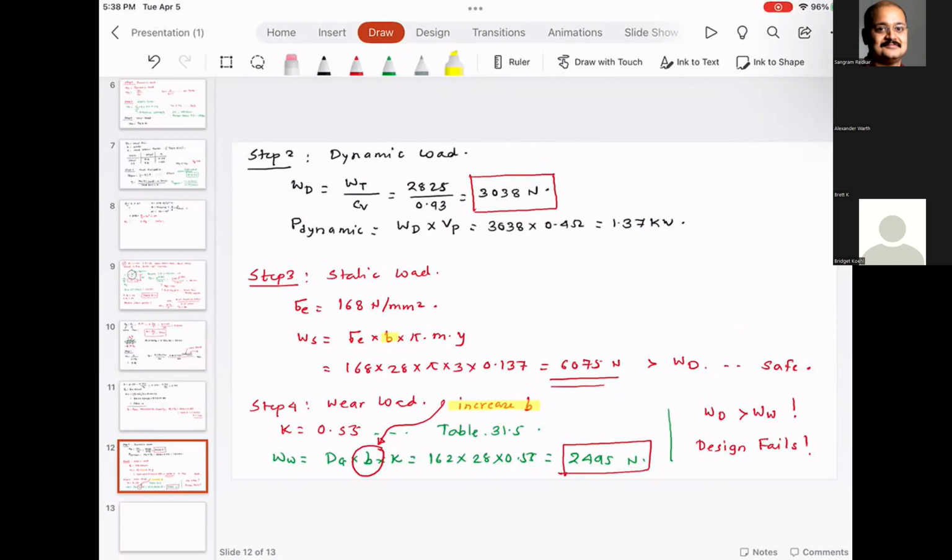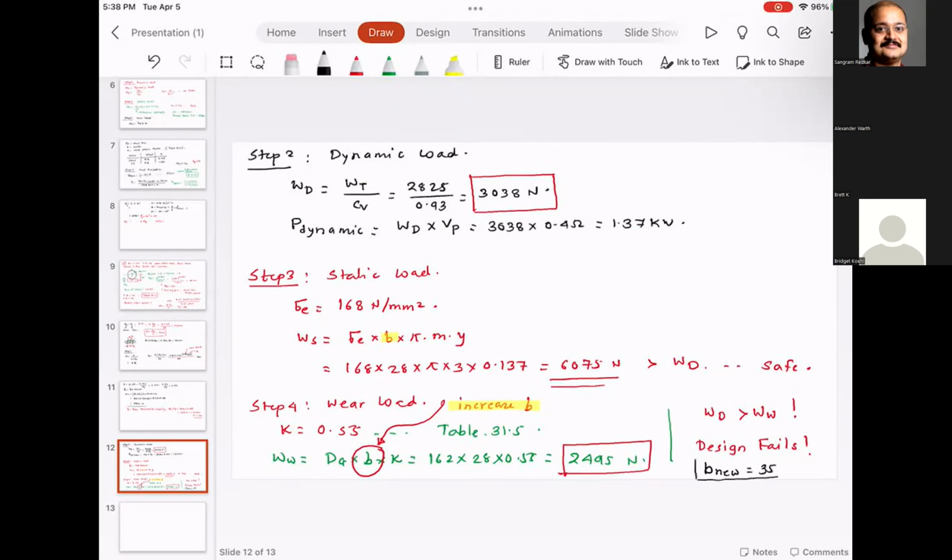So for example, our value of B was 28. I'm thinking if I change this value of B to maybe 35, the design is going to be the same. So I would just make a note, since the design is failing, we would increase the value of B. So B new is equal to 35.